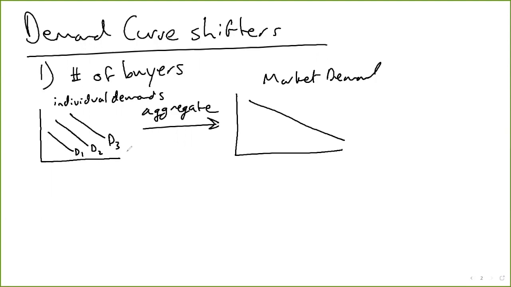And so as you increase the number of buyers, you're adding an individual demand curve over here. And when you sum that up, it's going to shift the market demand curve over.